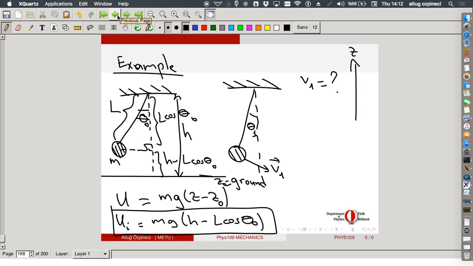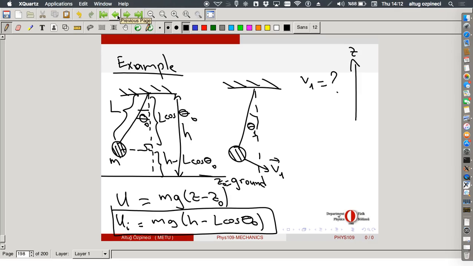Note that since the tension is not actually doing any work here, whether you attach your mass to a string and let it move, when it reaches this height it will have some speed in that direction, which is v1, or you can just release it from rest, and it will have some speed as it's passing through the same height.